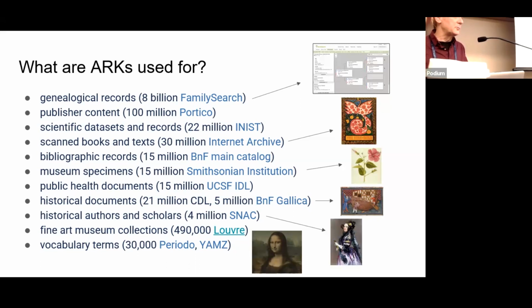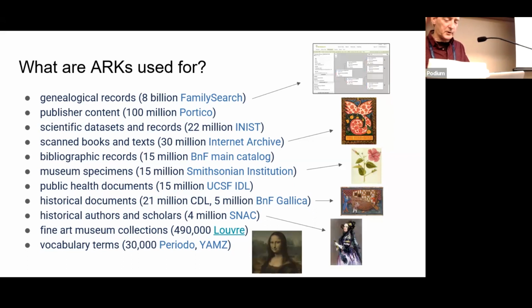The Internet Archive has been assigning ARKs to scanned book texts since 2008. The Smithsonian is rapidly expanding their use of ARKs. They have about 15 million, I believe, with a target of 150 million. The French National Library was an early adopter, and here's a nice image depicting the biblical ark, which is a detail on one of their medieval manuscripts.